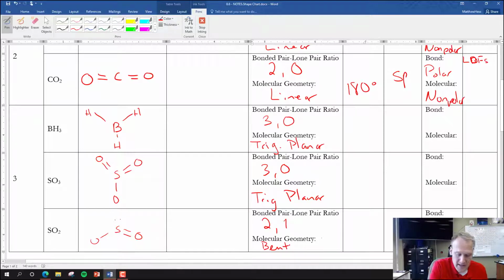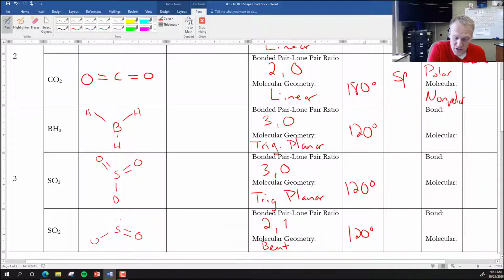If you have 3 domains, the angle is always going to be 120 degrees. And the hybridization would be 1 s orbital and 2 p. So the hybridization would be sp2.